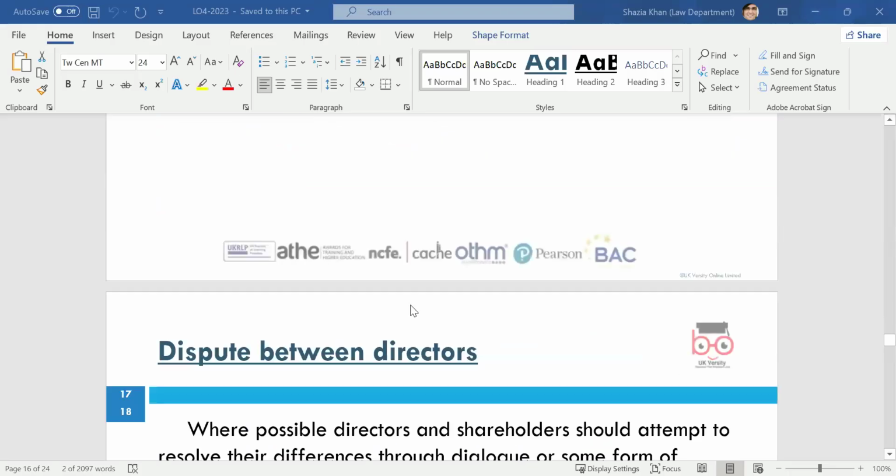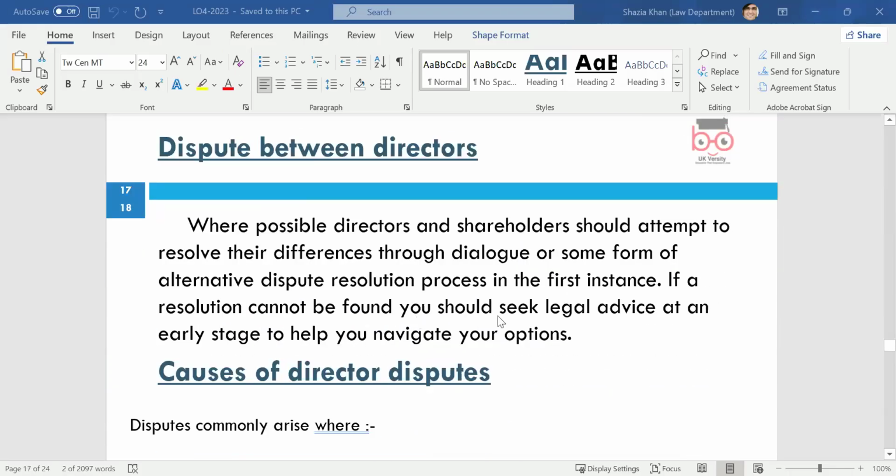The next one is disputes between directors. Disputes between company directors often arise from strategic differences. Some directors may have differences and may not get on. So it may be things like control issues, financial agreements, or conflict of interest.